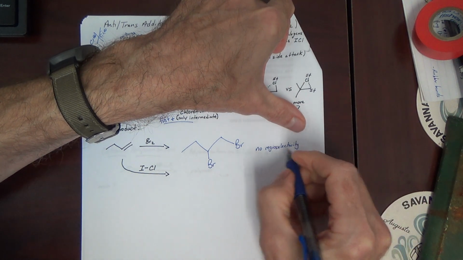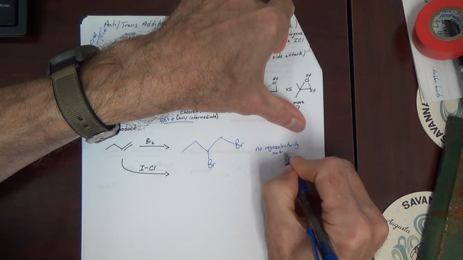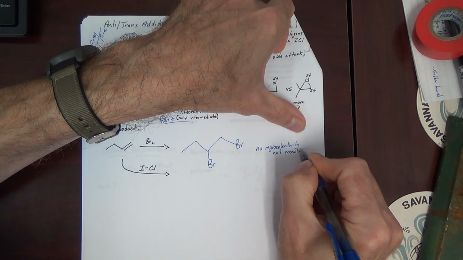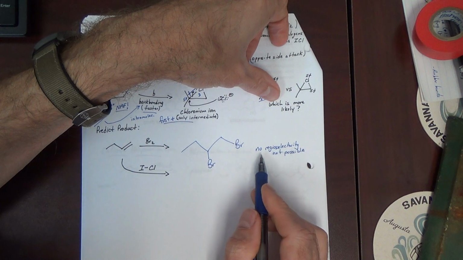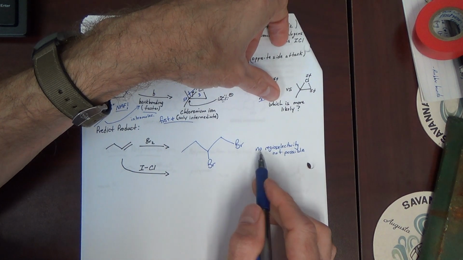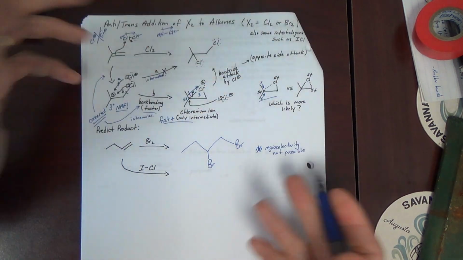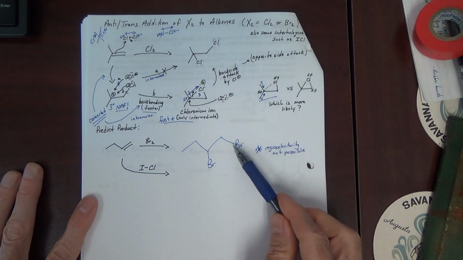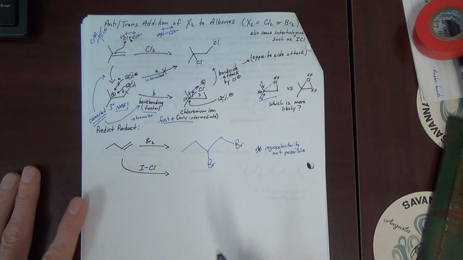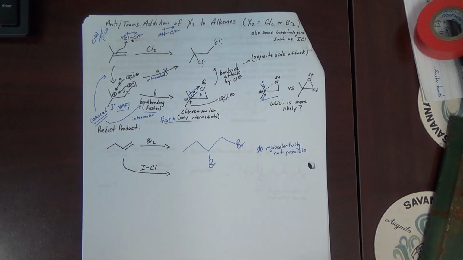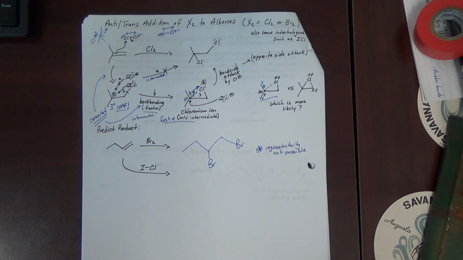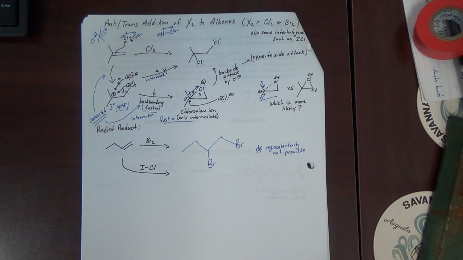Or, regioselectivity not possible. Let's say that, because saying no sounds like there may be times when it would be yes. But it's not possible. What if instead I put this bromine here and that bromine there? Well, that'd be the same compound. So it's not like we chose one regioisomer over another.